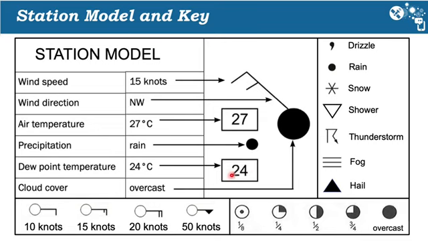That is not impossible, but it is not very likely. So the further these two numbers are from one another, the less likely it is that condensation is going to occur, clouds are going to form, and rain will fall.